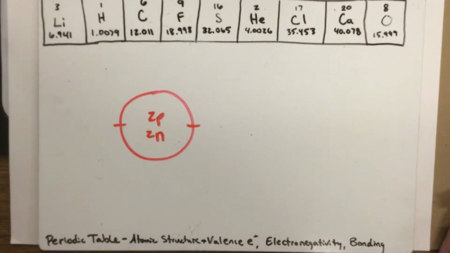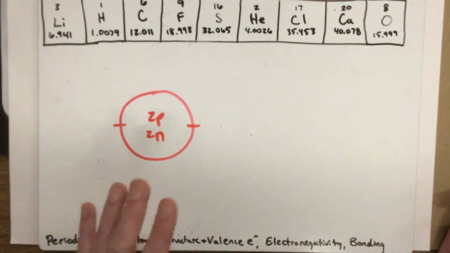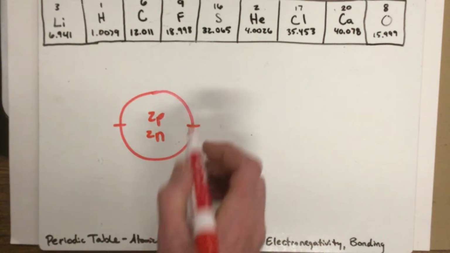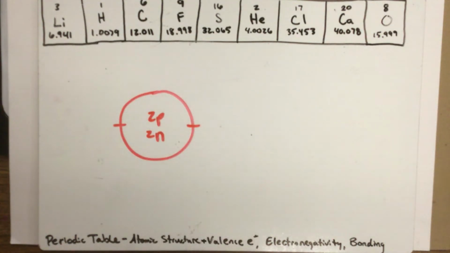Now, what's important about helium is that its outermost shell is filled. That is the definition of atomic stability. When atoms have a filled outer shell, they are very stable.